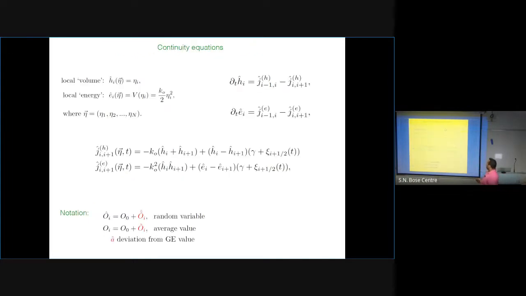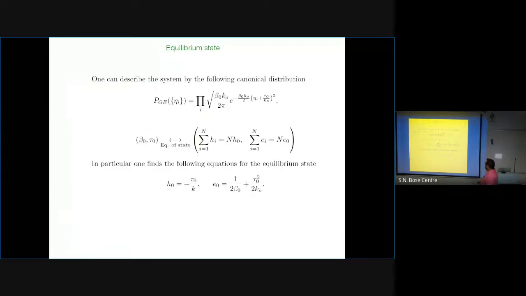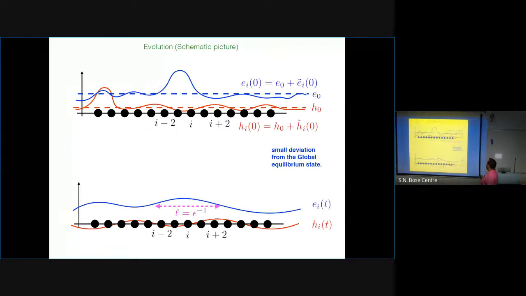So let me tell you a concrete scenario, which you can keep in mind to understand it. Suppose the system goes to an equilibrium E0 and H0, and consider a situation in which you have a small deviation around this, in this form, for the energy field and the H field, and this deviation is over some length scale which is much larger than the microscopic length scale.